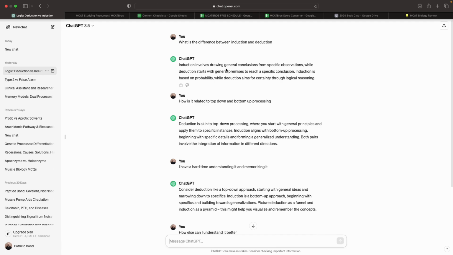So remember, whatever you start with is the flat, the wider thing, because you have to go either to the top or to the bottom, bottom up or top down, in order to see the whole thing and make the conclusion. So deduction starts with general premises to reach a specific conclusion. Induction is based on probability, while deduction aims for certainty through logical reasoning.